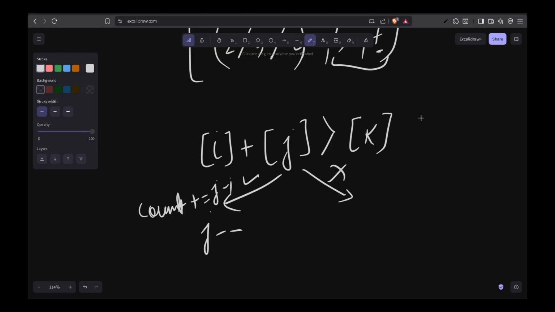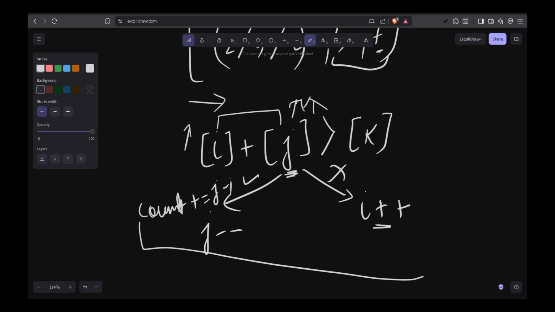If it is not, then we move i forward. This makes sense because, so why did we increase i? I've already said, because if their sum is not larger than k, then we need to increase the sum, right? We need to increase the sum. j is already at the largest possible value and j will only reduce if j moves backward, so we'll move i forward, we'll increase the value of i, right? So this is our entire logic.